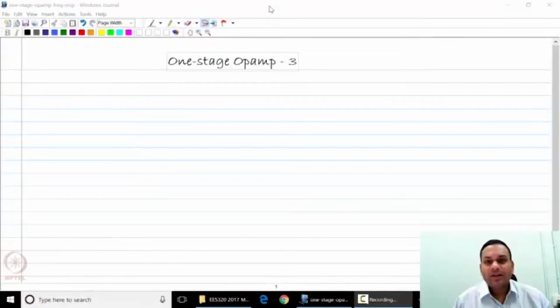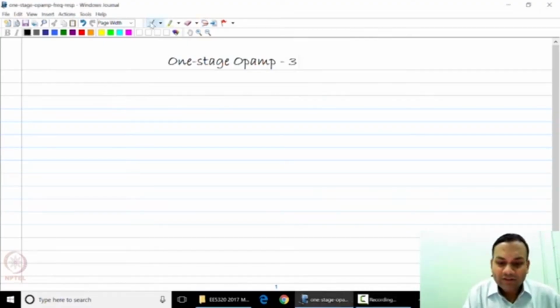In this lecture, we will look at the frequency response of the one-stage op-amp that we have been looking at so far. So, to draw the frequency response, let us first draw the op-amp circuit.